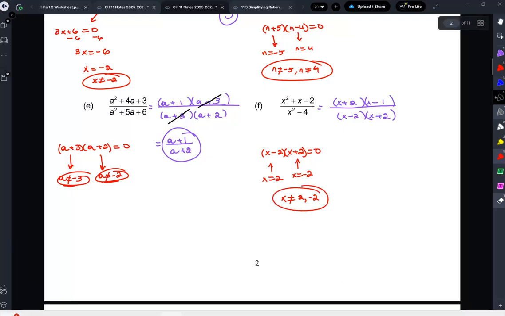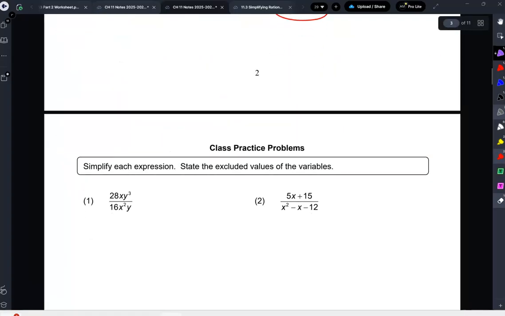Okay, does anything reduce? You mean the x plus 2's? The x plus 2's reduce, and so I have x minus 1 over x minus 2. Okay? All right, so now I'm going to give you a few minutes to do these.